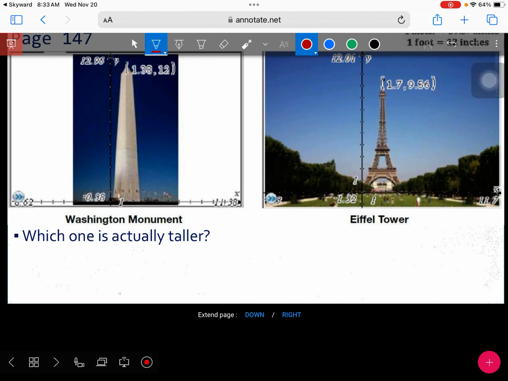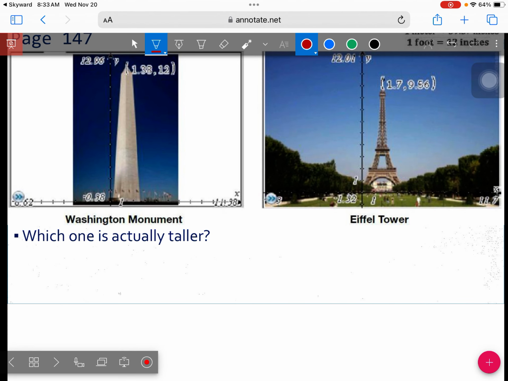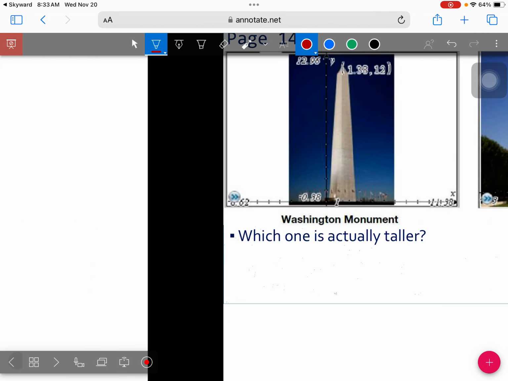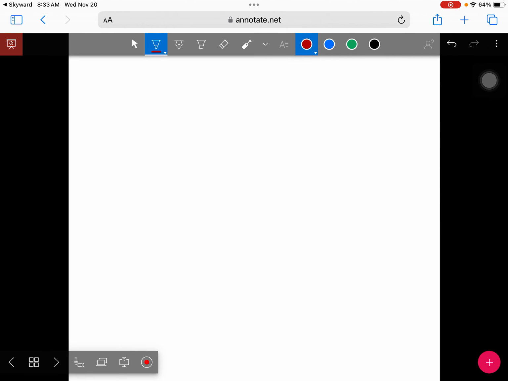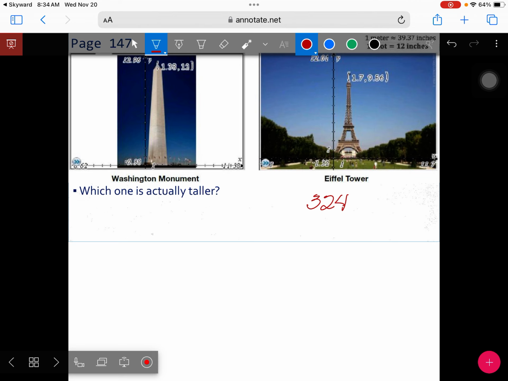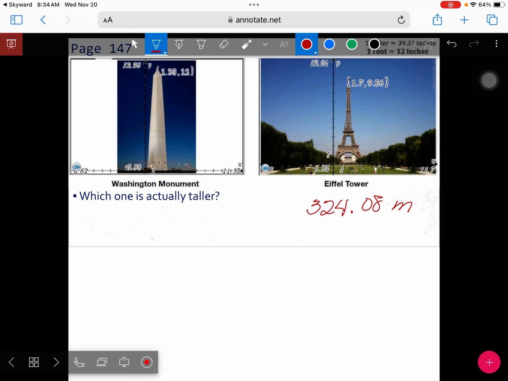All right, we can do this over here. The Eiffel Tower is 324.08 meters. And the Washington Monument was what again? 555 feet? Was it feet?